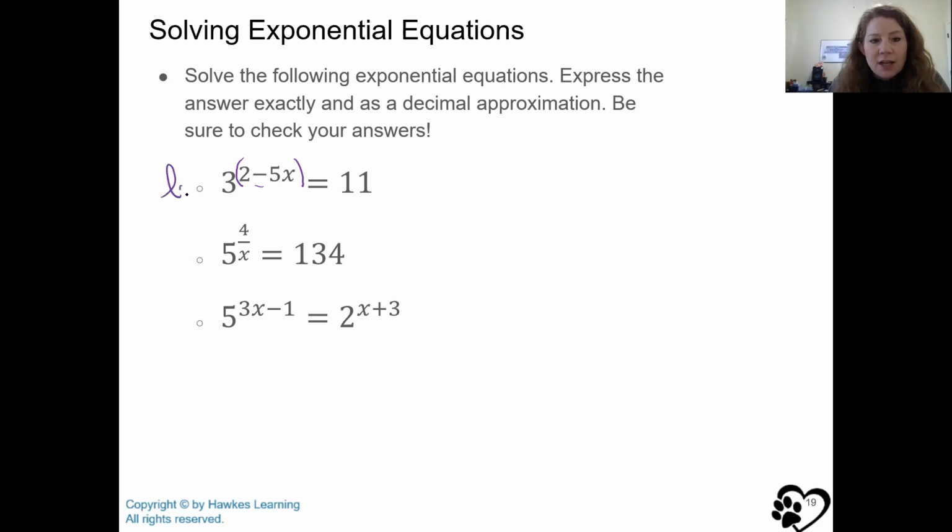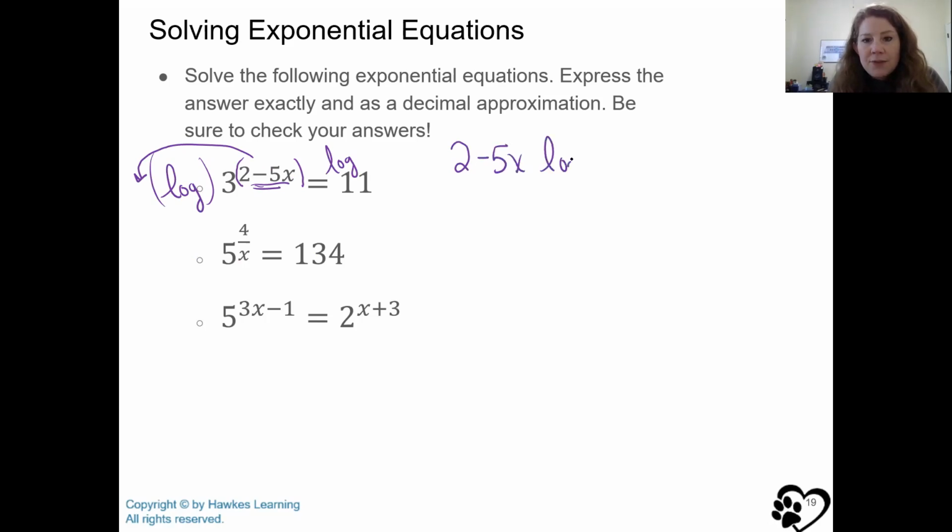Whatever you do to one side, you do to the other side. As soon as you find the log of this number, that whole exponent drops down to the front. So we're going to have 2 minus 5x times the log of 3, and this side is going to equal the log of 11.